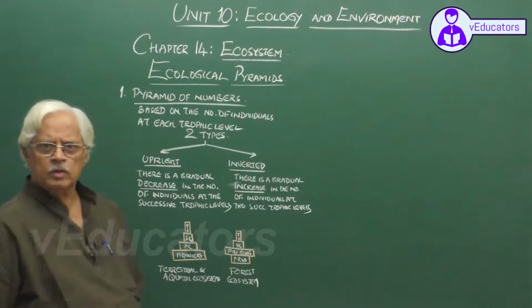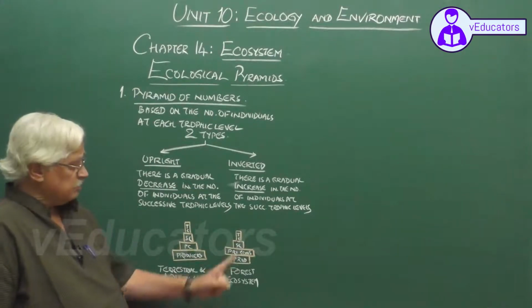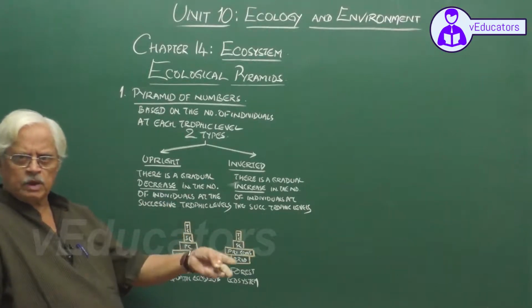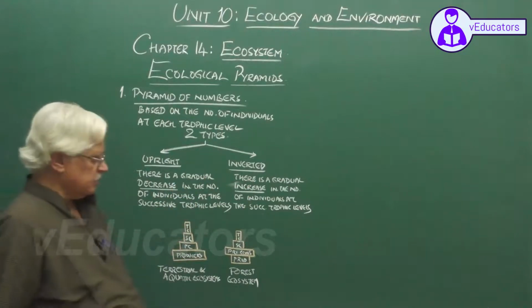Think of the parasitic food chain, the example of parasitic food chain that we have seen. One tree, several birds, bird lice and protozoans.